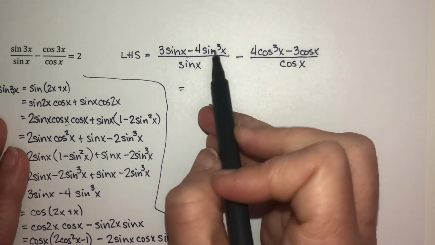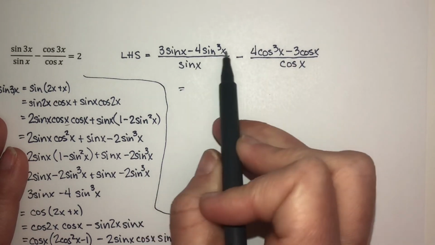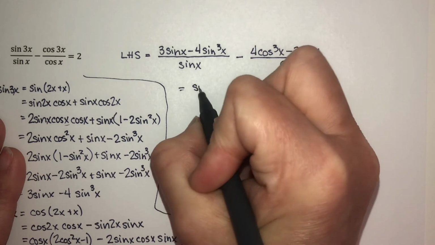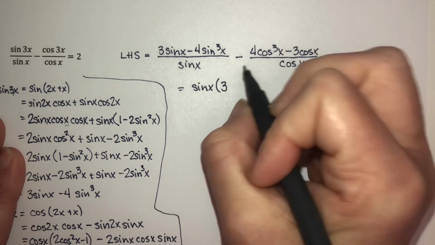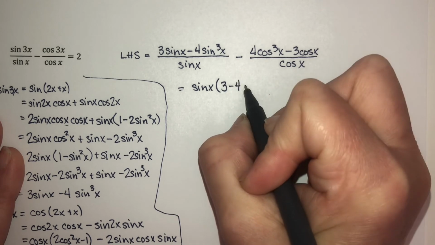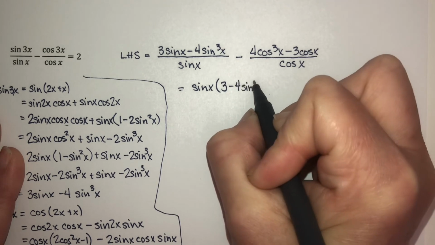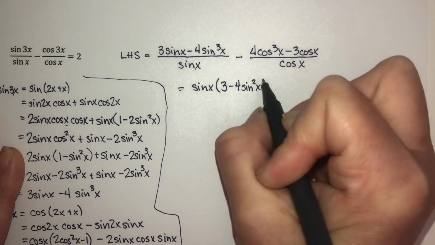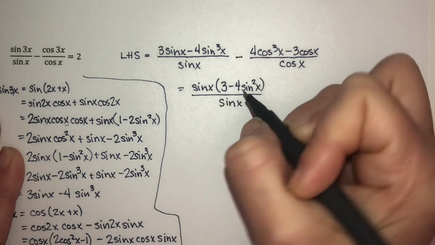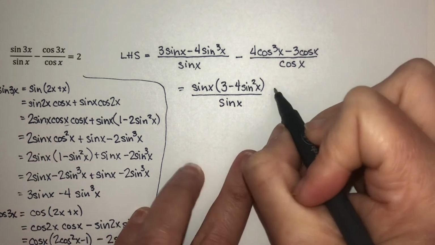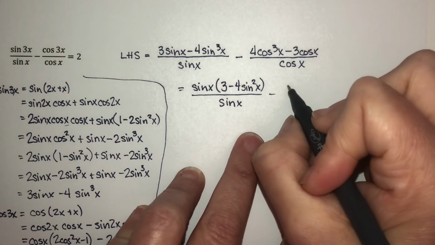So now I'm going to just work with this. I'm going to factor out a sine x up here to get 3 minus 4 sine squared of x over sine x. Factor a cosine out here.